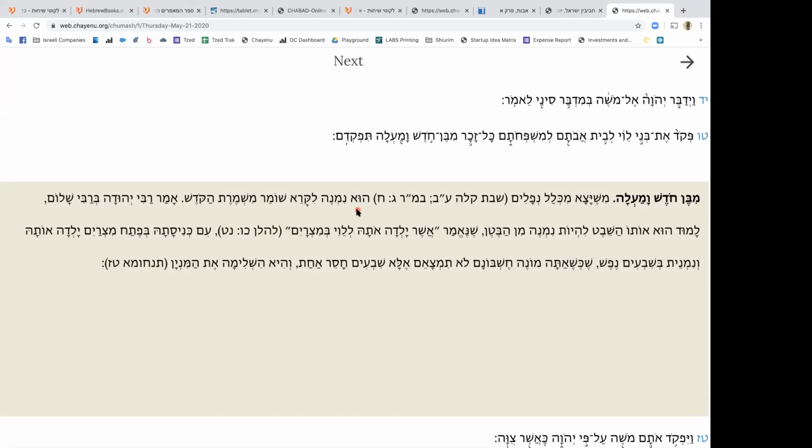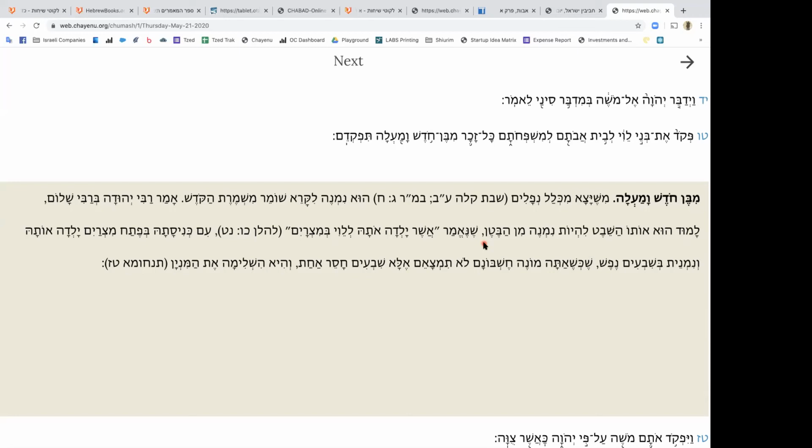Omer Rabbi Yehuda, Rabbi Yehuda, the son of Rabbi Shalom: If so, this tribe was counted from the womb. Like it says, asher yaldah l'Levi b'Mitzrayim, that Levi gave birth in Egypt.